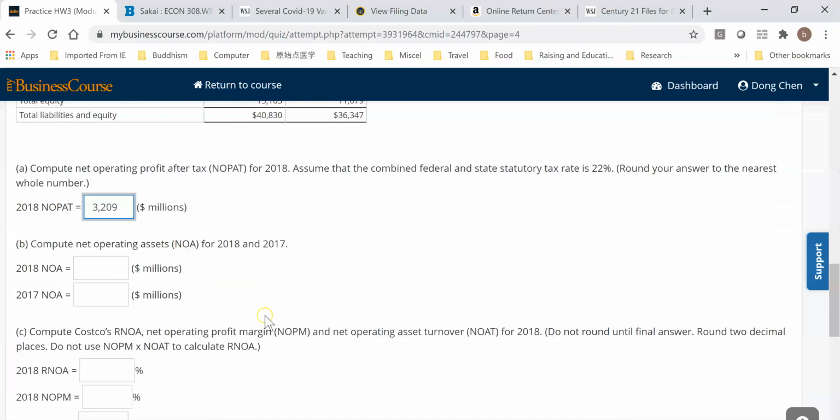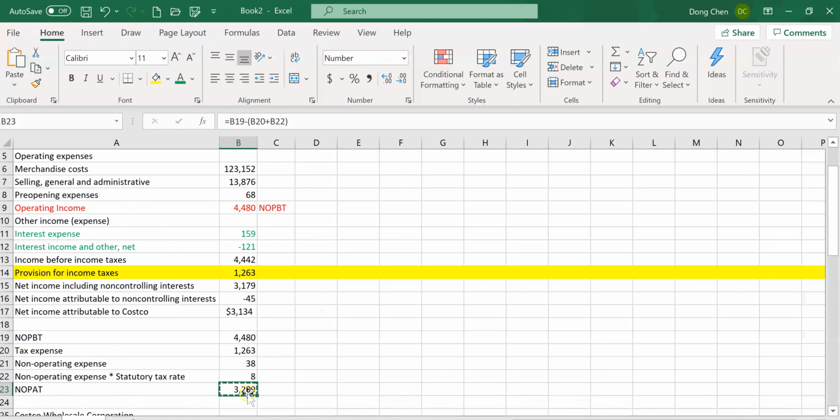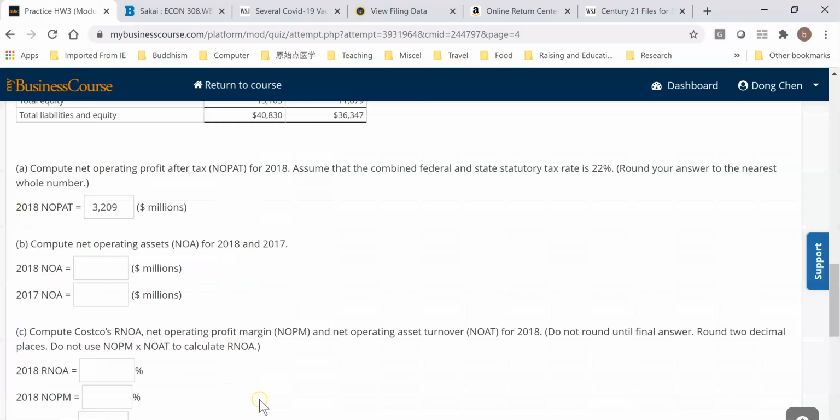Here the rounding is for format only. When you do calculations based on this number, Excel uses the more precise number, and if it has decimal places, it will still keep them for subsequent calculations. Since it says do not round until the final answer, we just keep this as it is.